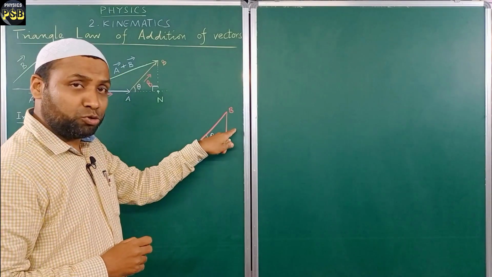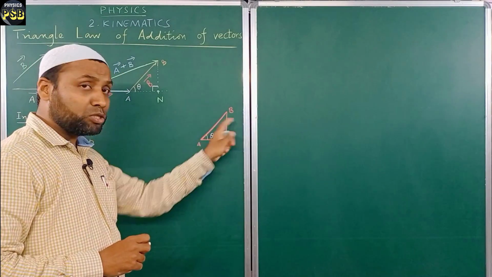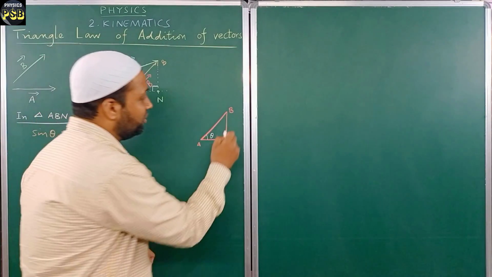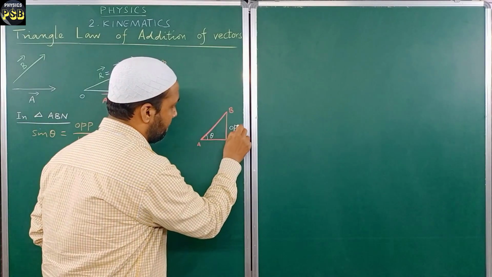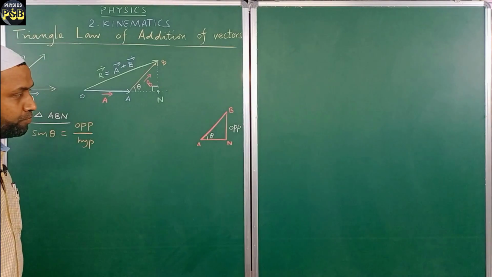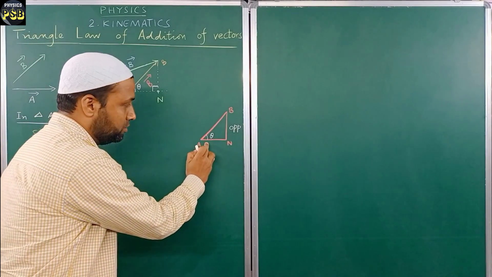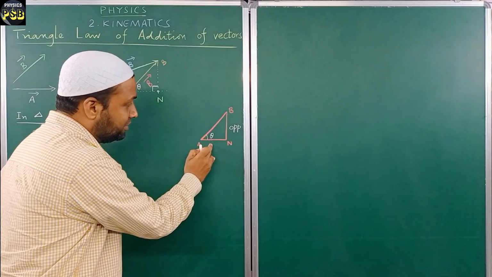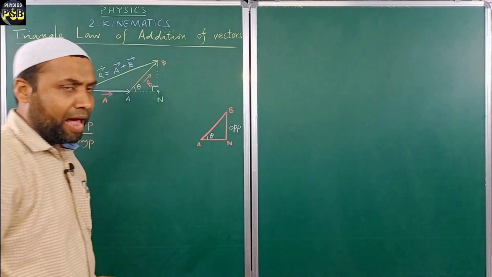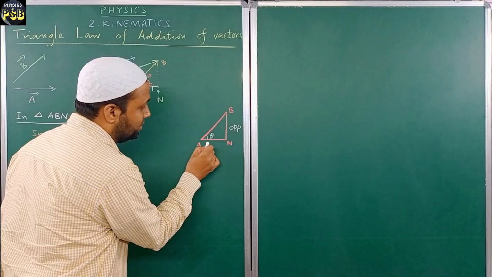The side of the triangle which is opposite to this angle is referred to as the opposite side. This side which is adjacent to this angle is called the adjacent side.